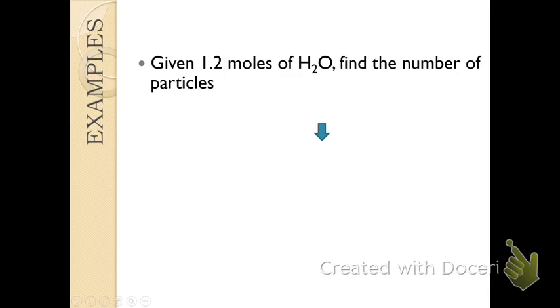This time I have 1.2 moles of water. Find the number of particles. Remember that particles are pieces or atoms or ions. That is Avogadro's number. So we're going to take this one really slow because we need to make sure we have all our keys and such. So I have mole, and we're talking about particles.